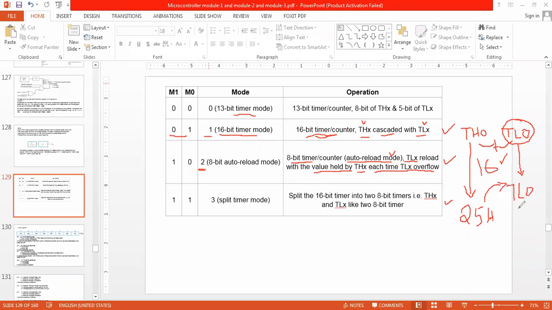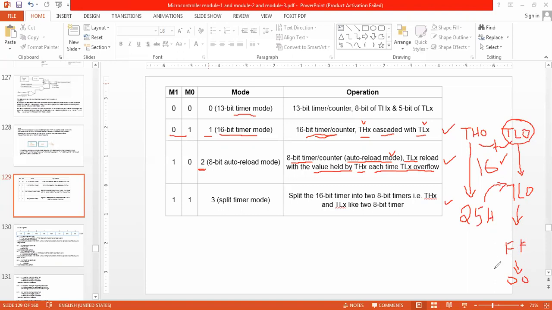Now TL0 will start increasing one by one: 25, 26, 27, 28, 29, 2A, 2B, 2C, 2D, 2E, 2F, then 30, 31, 32, up to FF. Then after FF, what will be the next count? It is a counter, right? It will be 00.